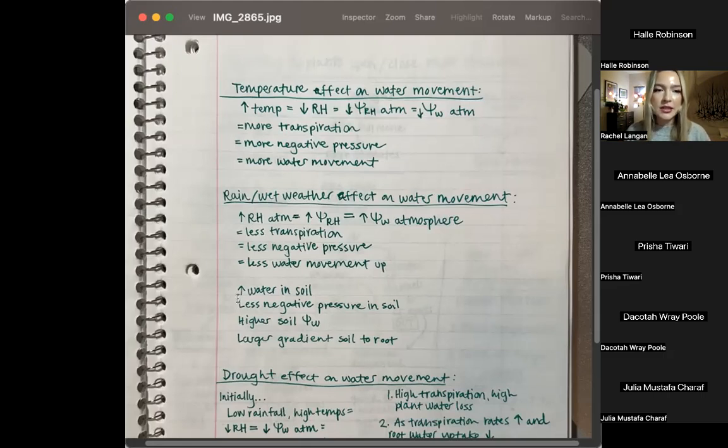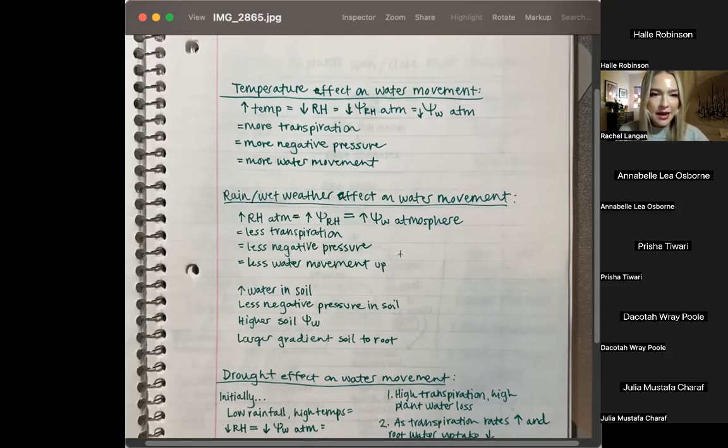Less tension is less negative pressure, and less negative pressure is a higher water potential. So if you have a high water potential in the soil, that's a larger gradient from the soil to the root, which makes it easier for water to go into the root. So when there's a lot of rain, you get less transpiration, but you do increase, at least initially, water uptake from the soil.